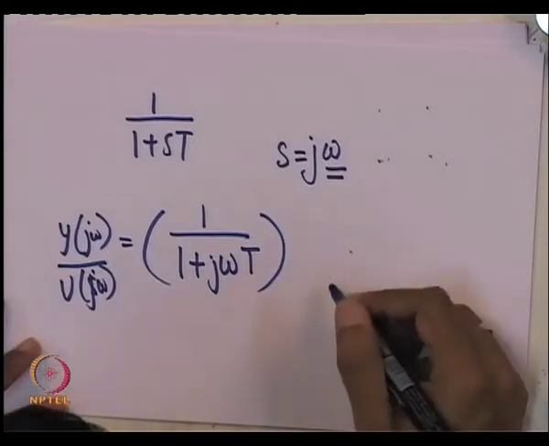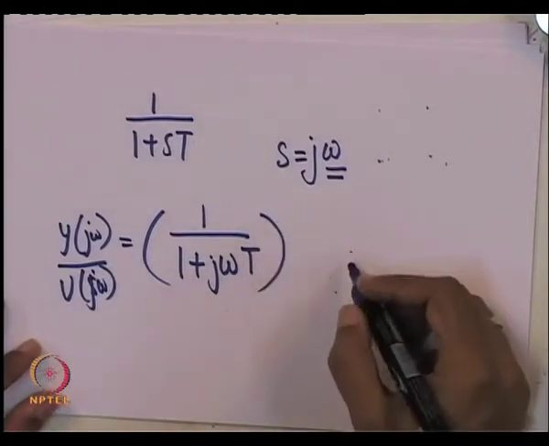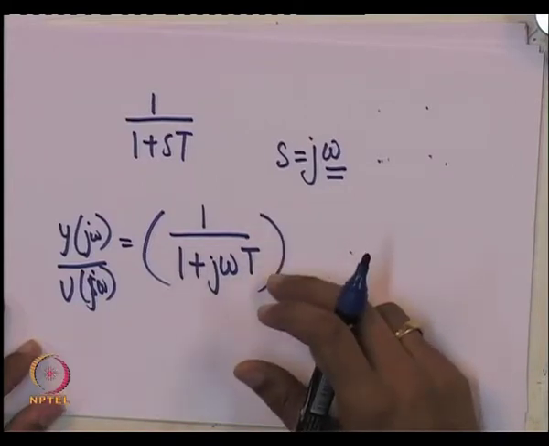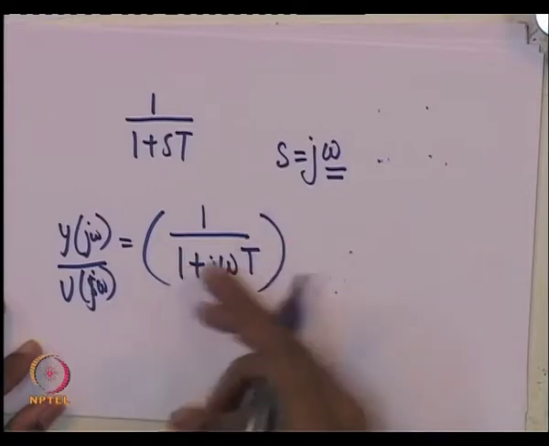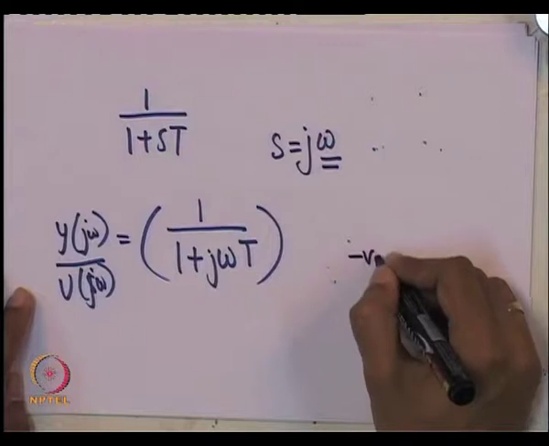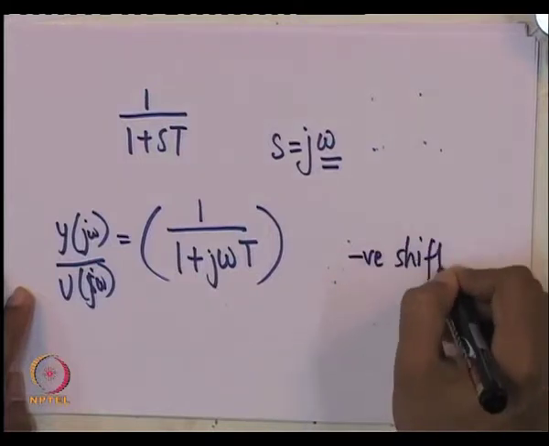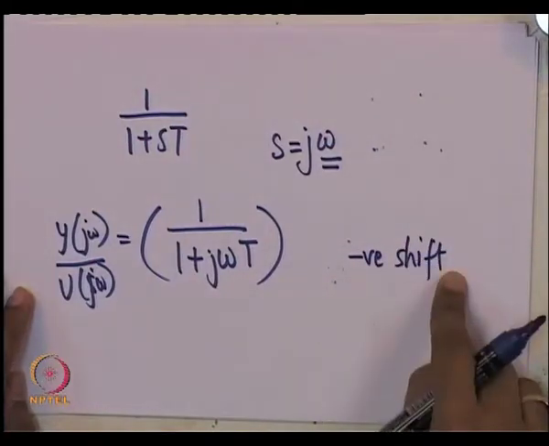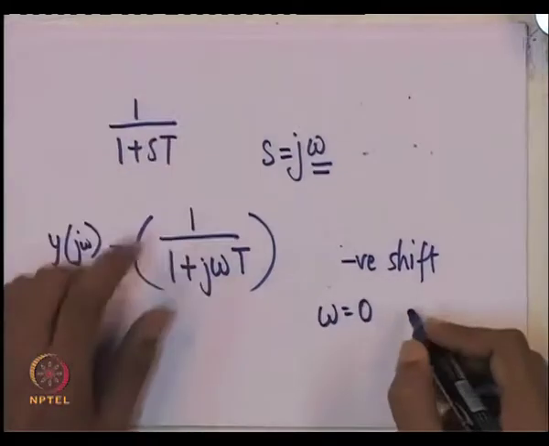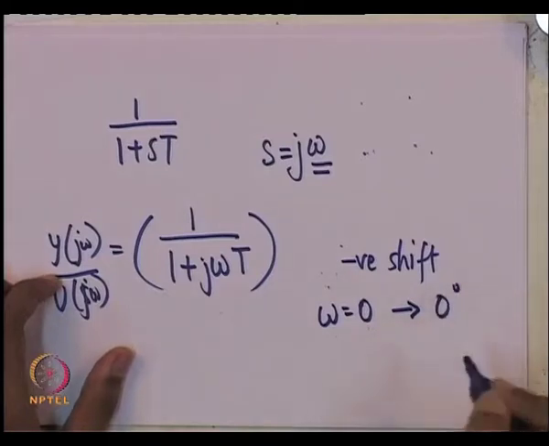What is the magnitude gain? That can be obtained simply by obtaining the magnitude of this complex number. That is what will give you the gain, and the phase shift is again obtained by looking at the argument of this complex number which results. One thing you will notice is that this will always give a negative phase shift. This transfer function has a negative phase shift. In fact, at ω equal to 0, the phase shift is 0 degrees.